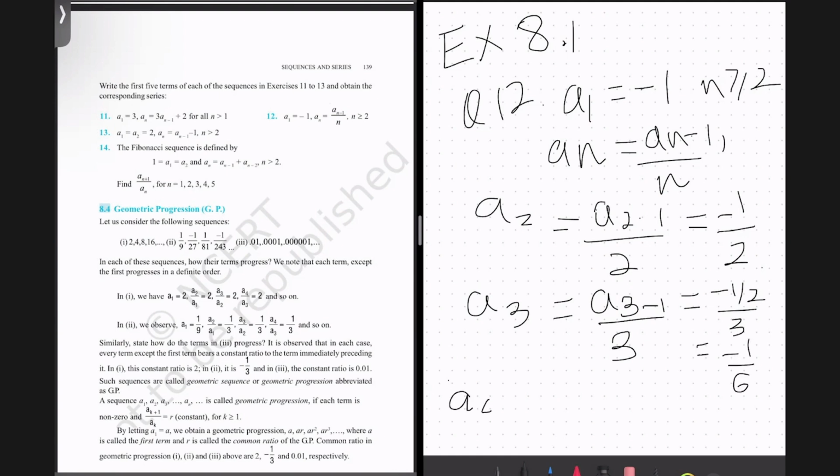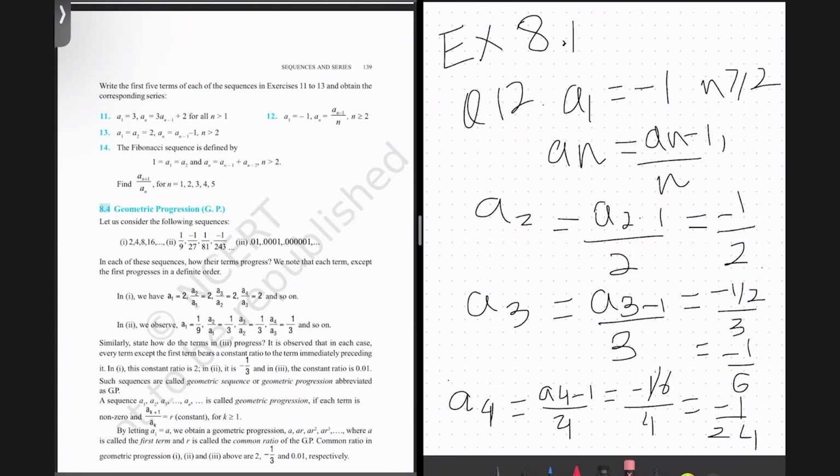The fourth term would be a of 3 upon 4, that is nothing but minus 1 upon 6 by 4, and that is nothing but minus 1 by 24, correct?